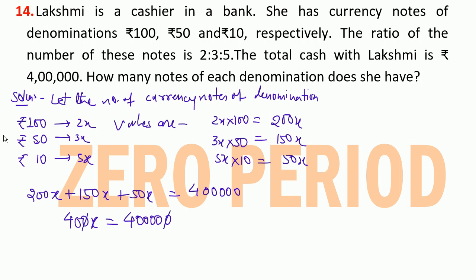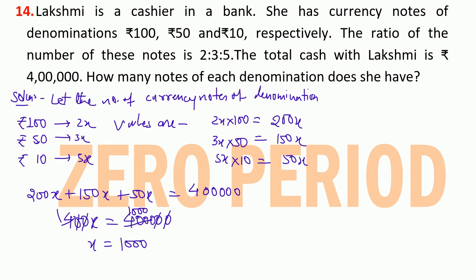This cancels with this, this cancels with this, and 4 1s. So the value of x is 1000. This is the value of x.